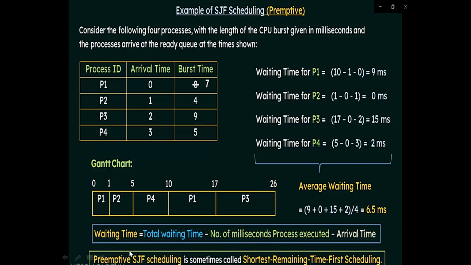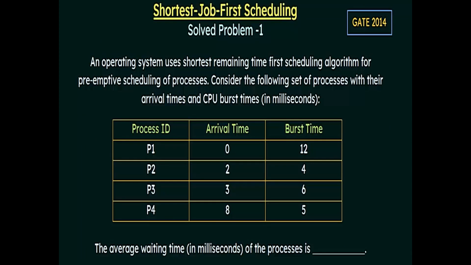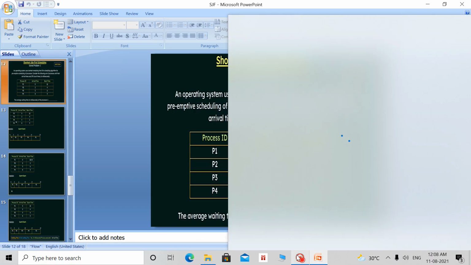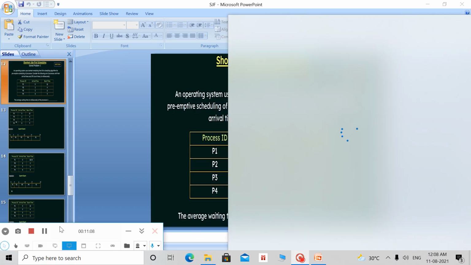Sometimes the preemptive shortest job first scheduling algorithm is called the shortest remaining time first scheduling algorithm. In the next lecture, we will discuss a solved example based on the shortest job first scheduling algorithm. So thank you so much. Have a nice day. Thank you.